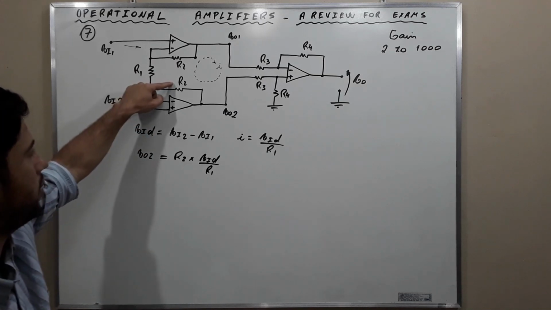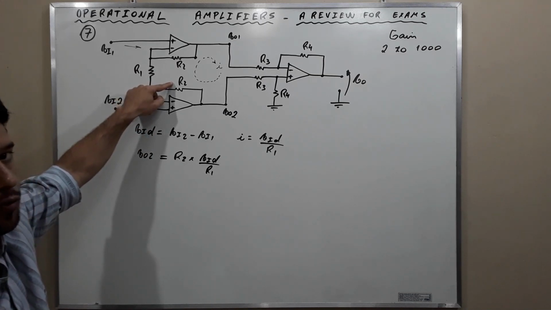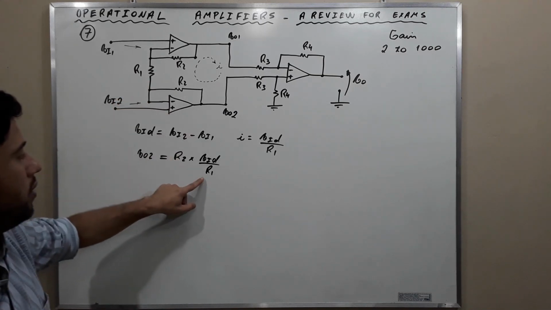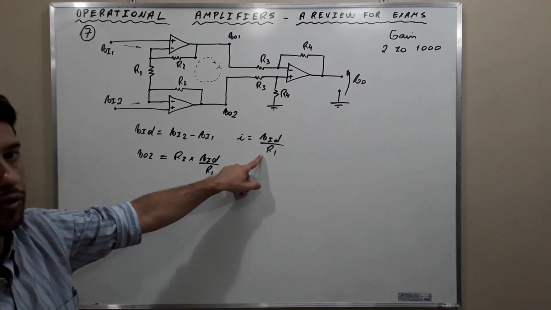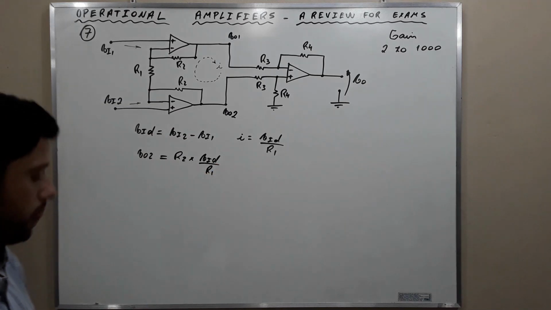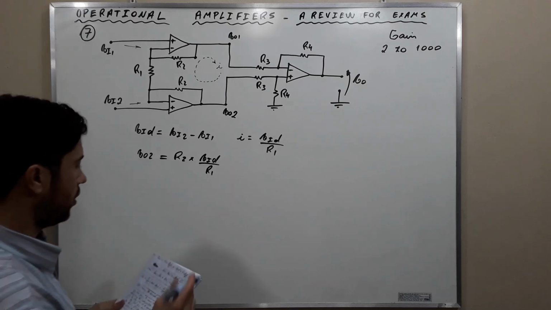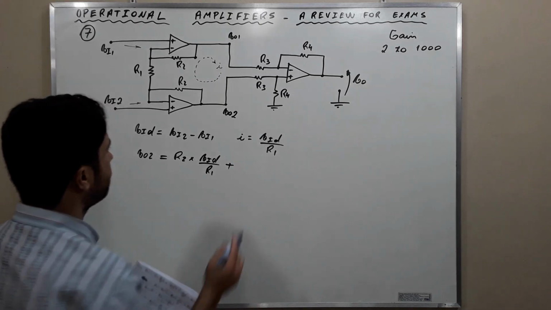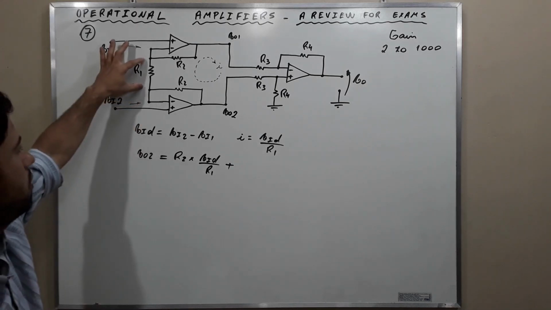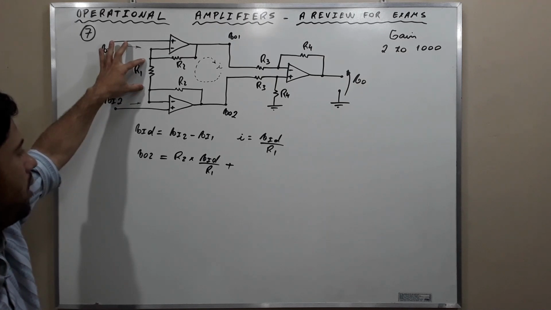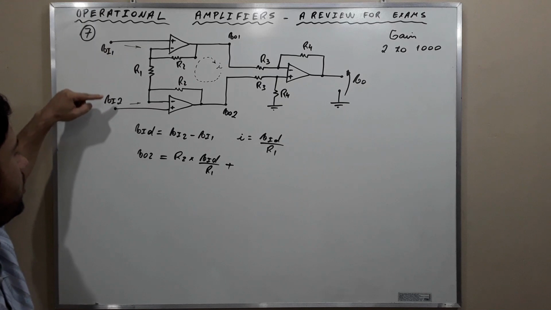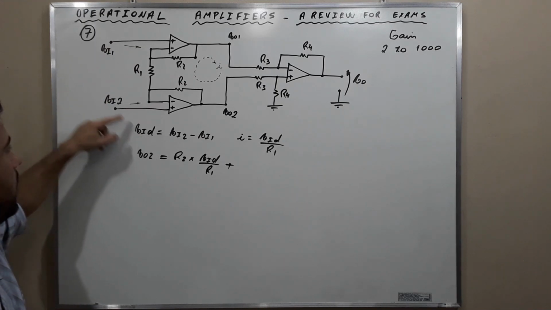The voltage drop here is the product between the resistance and the current. We have already understood that the current is this, okay? Plus the voltage across the resistor R1. We have already understood that this voltage is VID, okay?